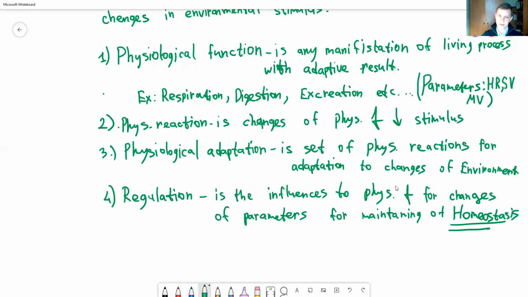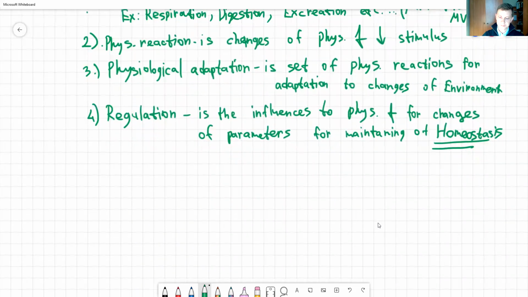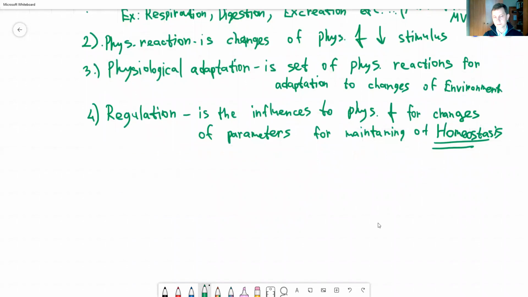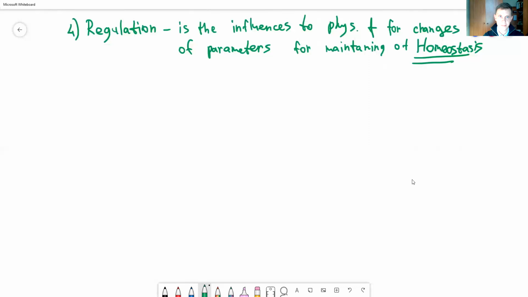Maintaining of the homeostasis. Okay. So and now we continue and discuss this process.